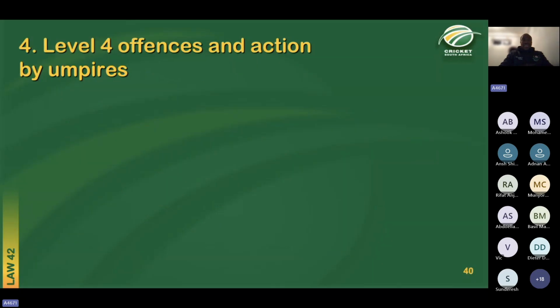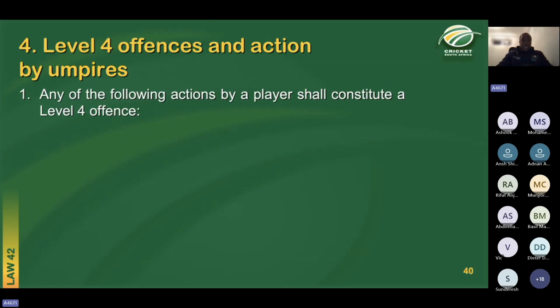Now, let's look at level 4 offenses, which are the highest level of offenses that players can commit. Threatening to assault an umpire is considered a level 4 offense.